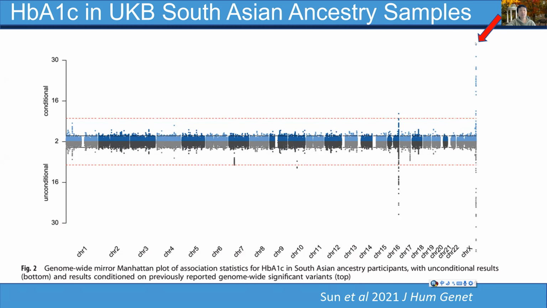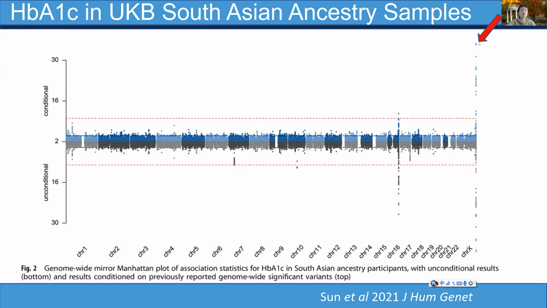This is the G6PD gene, as people might be familiar with, and the index variant is a coding variant not reported to be associated with hemoglobin A1C, since this is a conditional analysis. But other coding variants in G6PD have previously been reported to be associated with hemoglobin A1C.